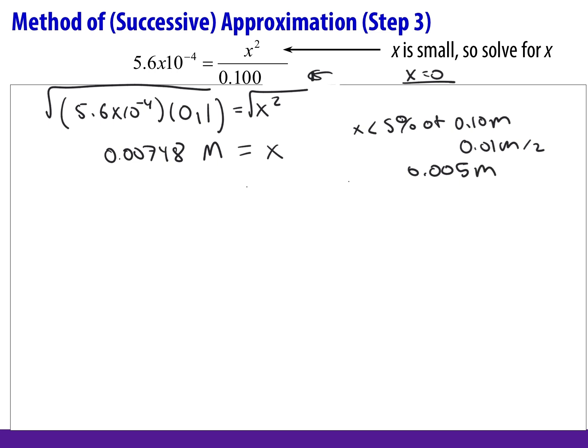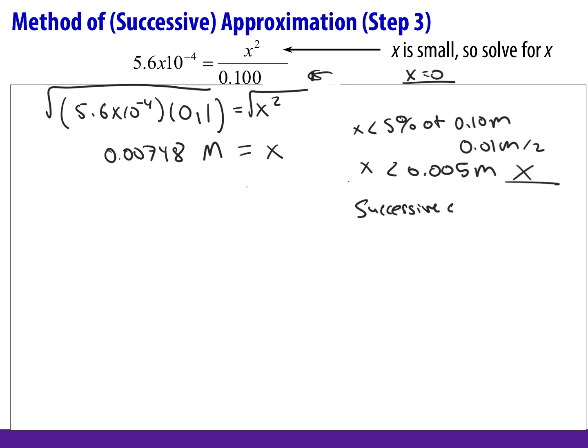Is X less than that? No, X is in fact a little bit bigger. It's 0.00748. That's not less than 0.005. The approximation wasn't valid. In this case, one easy way to fix this is to apply successive approximations.